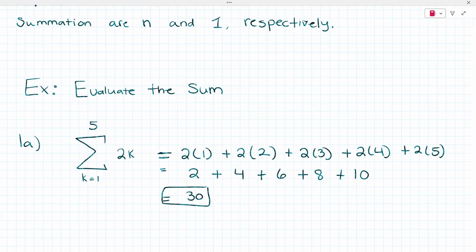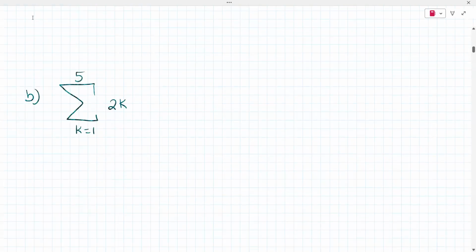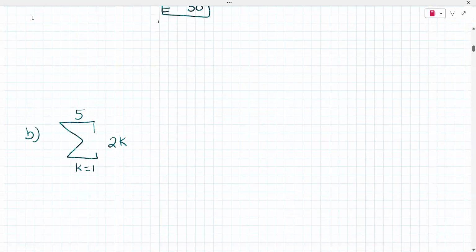Okay, so if you look at 1b, it's the same idea, but you can redo this problem with a shortcut. We're going to go over the rules later, but the shortcut is, if you have a constant in front, you can take out that constant and bring it back at the very end.